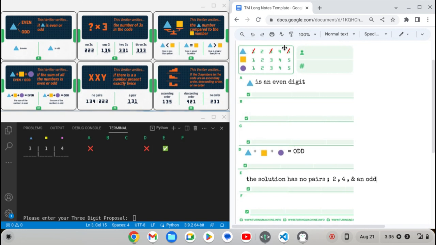Yeah, I just don't see it. So I'm going to go with the possibility that, yes, the middle digit is also even. And so I'm going to go with 2, 4.